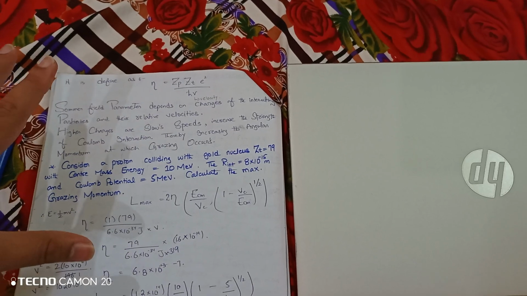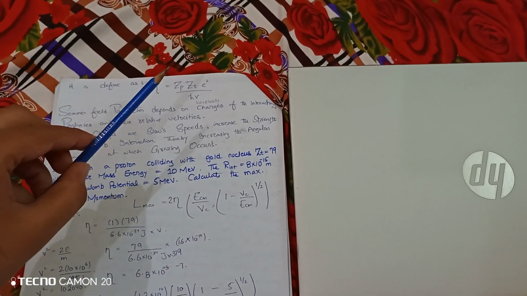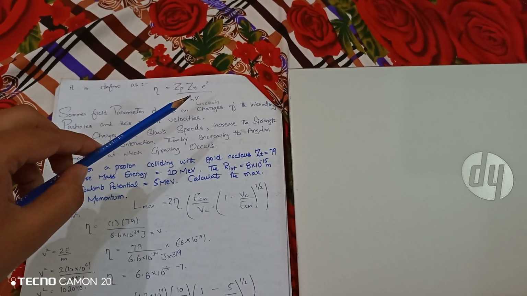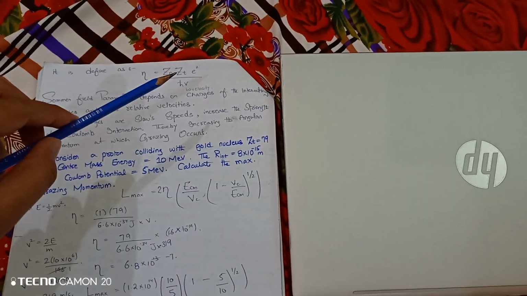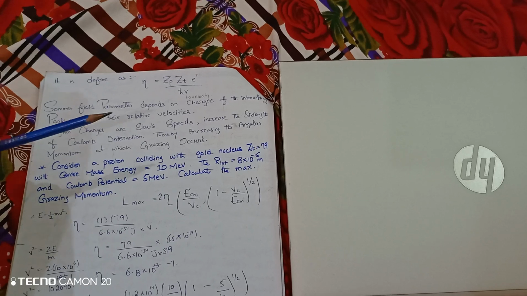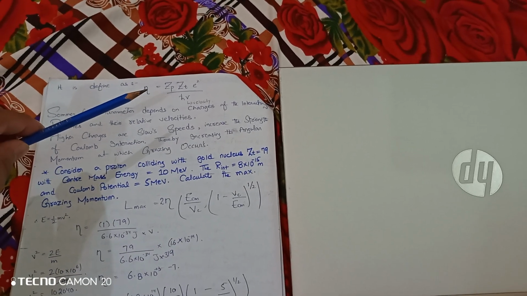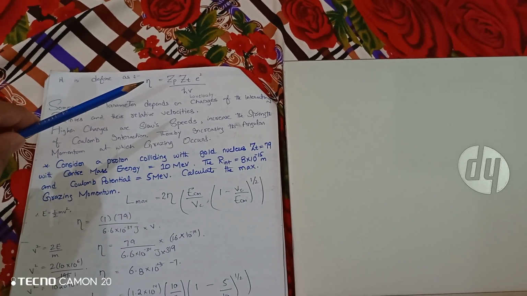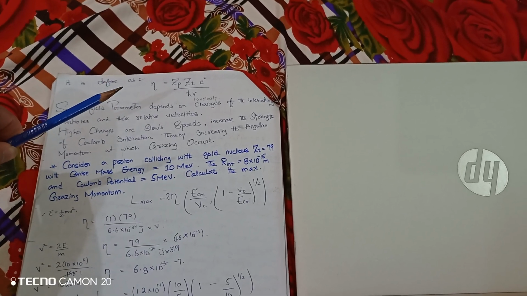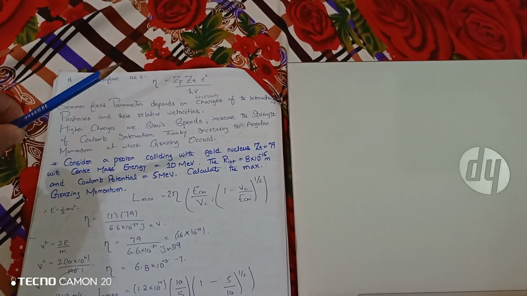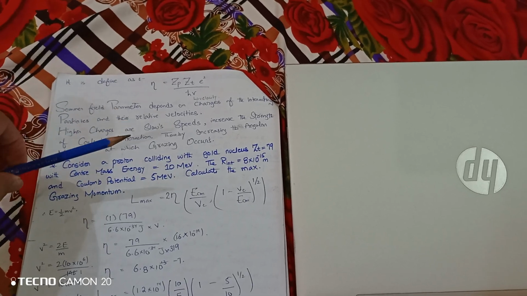If there are more charges, there is less velocity, and then the Sommerfeld parameter is high. As the Sommerfeld parameter gets higher, the angular momentum also increases, because the angular momentum has a direct relation with eta, as you can see in the formula.